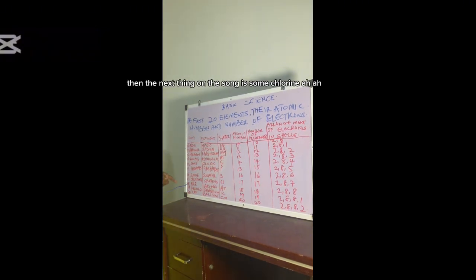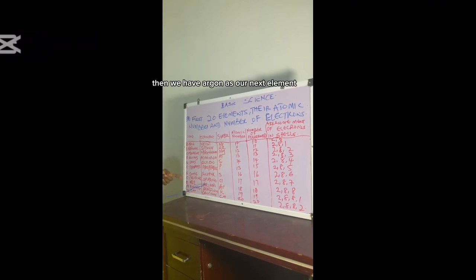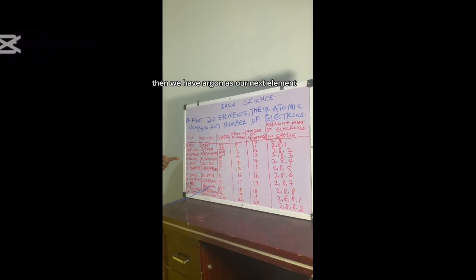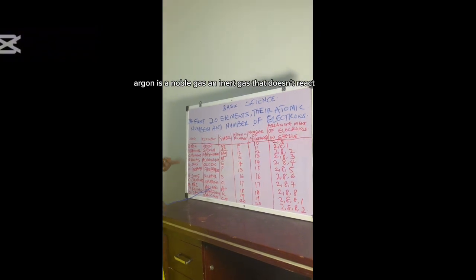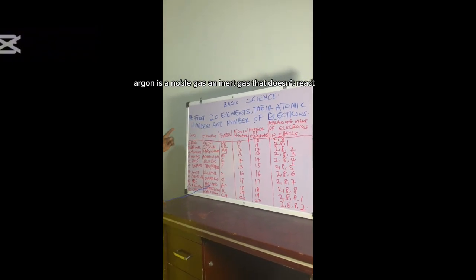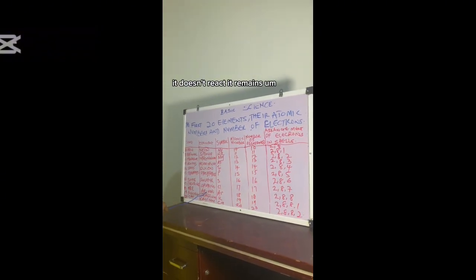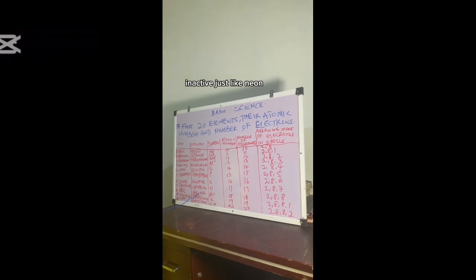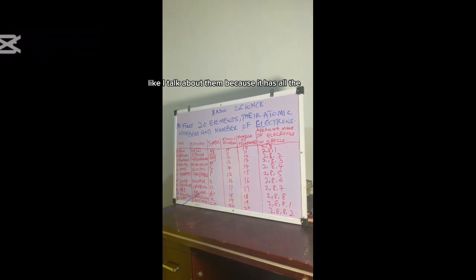Then the next thing in the song is "some chlorine," then we have argon as our next element. Argon is a noble gas, an inert gas that doesn't react. It remains inactive, just like neon, like I talked about, because its outermost shell is filled up.